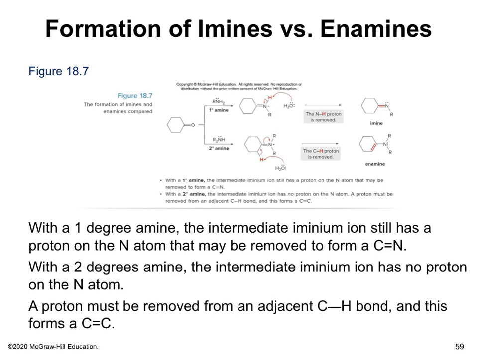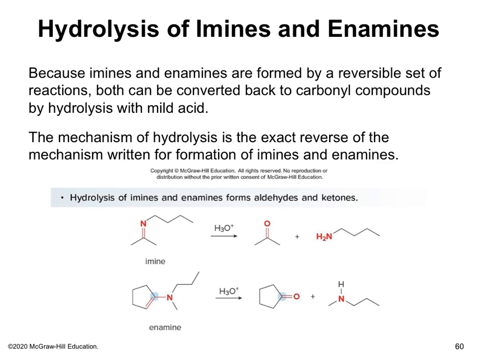So they're just showing you here, if you have a primary amine, you're going to get an imine. If you have a secondary amine, you're going to get an N, a carbon-carbon double bond next door, and then the amine. I do expect you to be able to draw an imine versus an enamine.